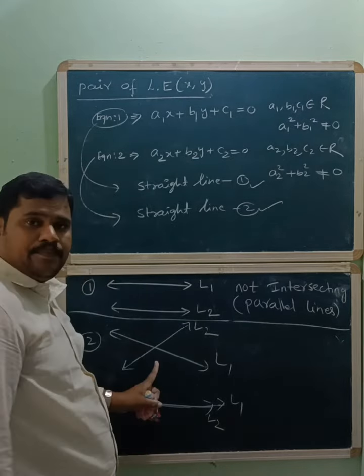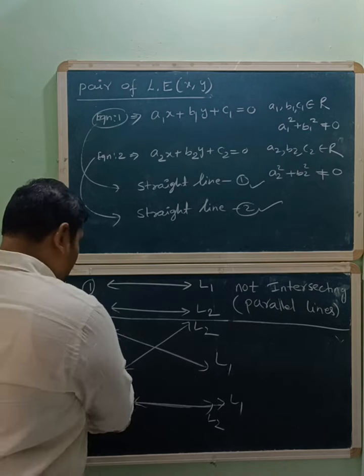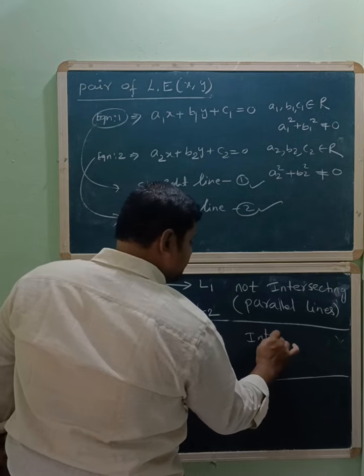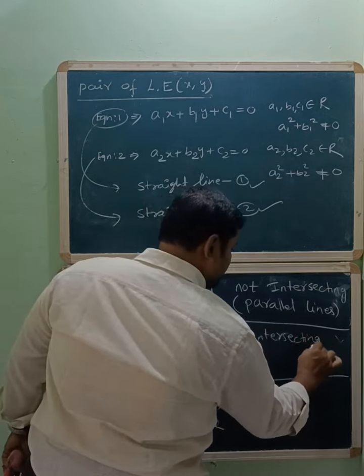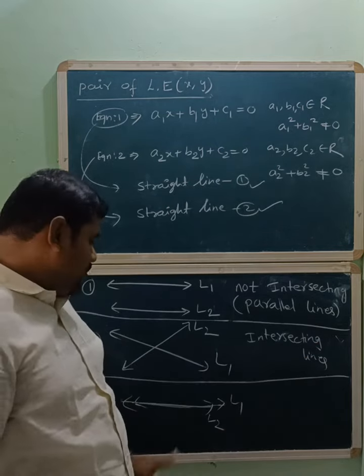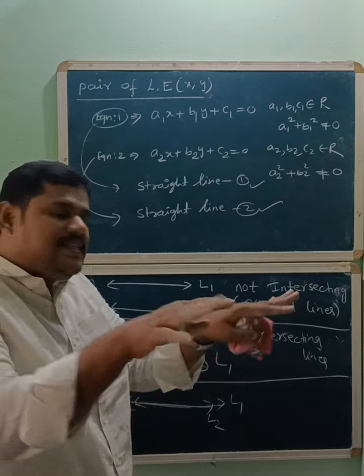Now the second one: the two lines are intersecting at one point. These two lines are intersecting lines. This is another possibility. Now the last possibility is one line on another, which means coincident lines.